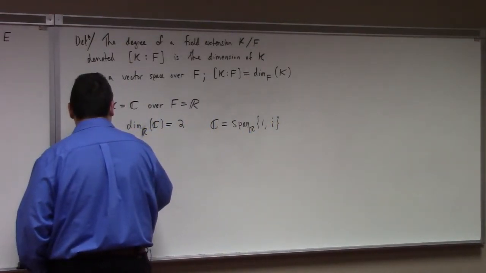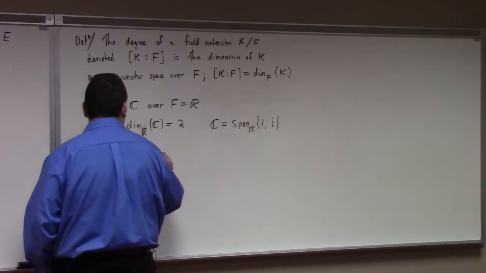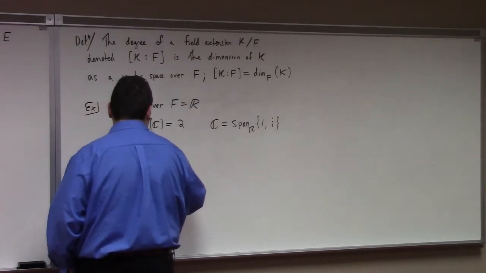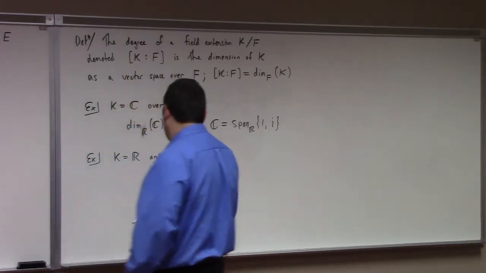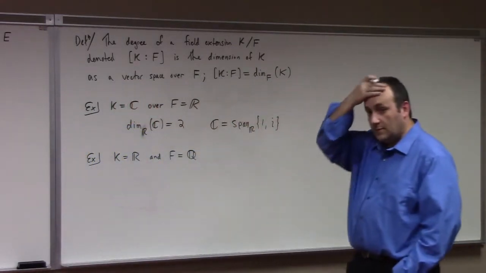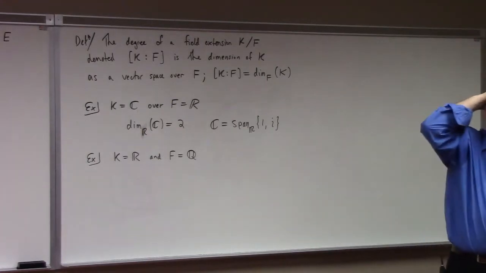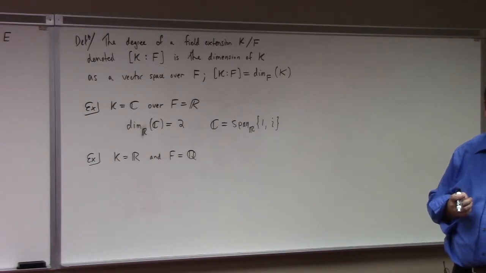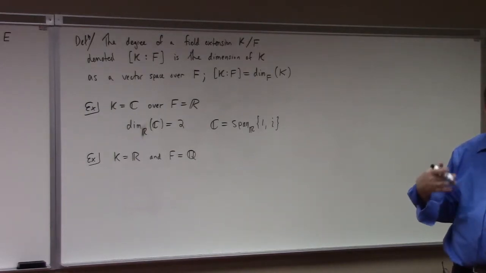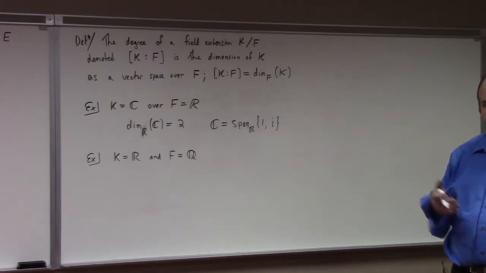If we take K equal to the real numbers and F equal to the rational numbers, it is true that the real numbers form a rational vector space. Because if you think about scalar multiplying any real number by a rational number, it's still a real number, right?